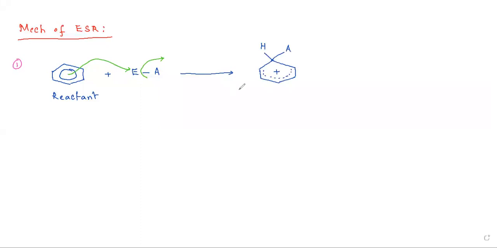We'll tell you in detail about all these when we go for the properties like halogenation, nitration, sulfonation, etc. But for now, you just see what all is happening overall.